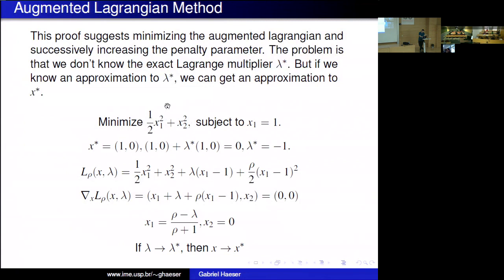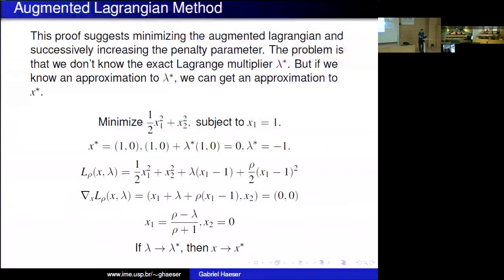I have this problem: minimize half of x1 squared plus x2 squared, with one simple constraint, x1 equal to 1. The solution is clearly (1, 0), and at the solution I can compute the Lagrangian multiplier. It's this number, minus 1.